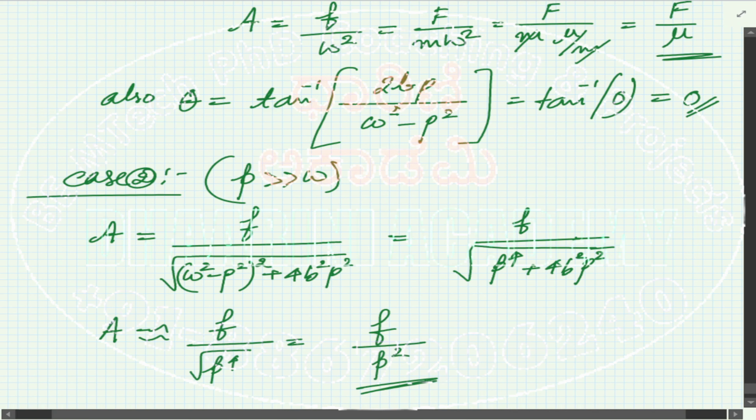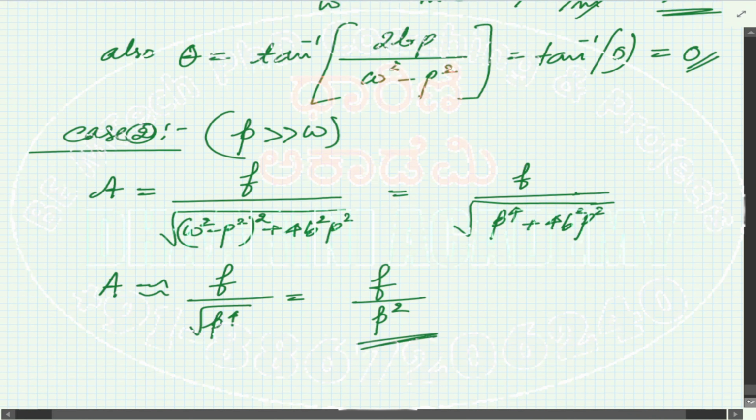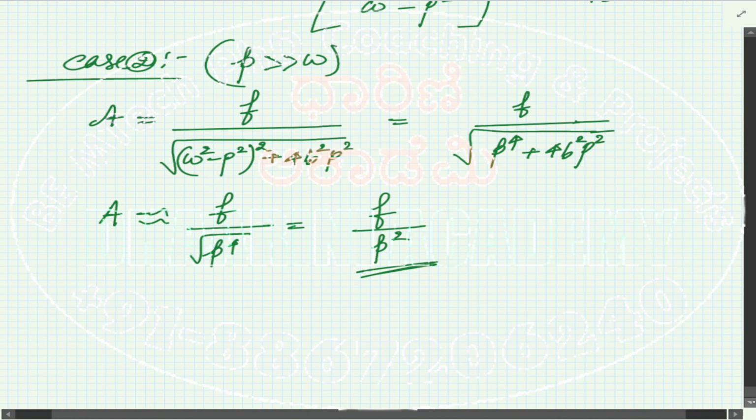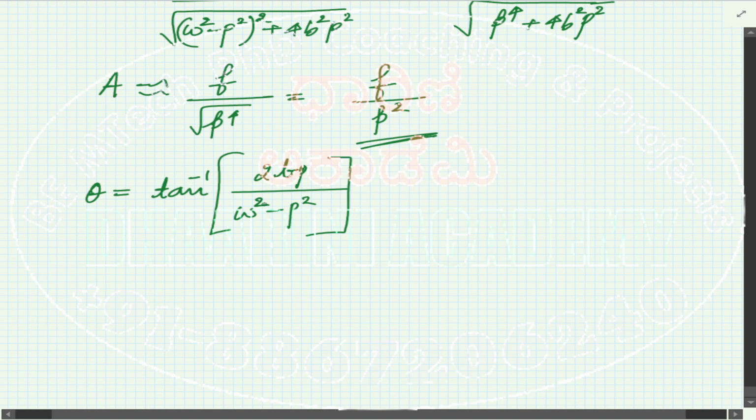So you see the amplitude is now changed in terms of A. A is equal to, we can write F by p square. That's the change when p is much bigger. Also, we write the theta now. Theta is equal to tan inverse of 2bp divided by omega square minus p square.